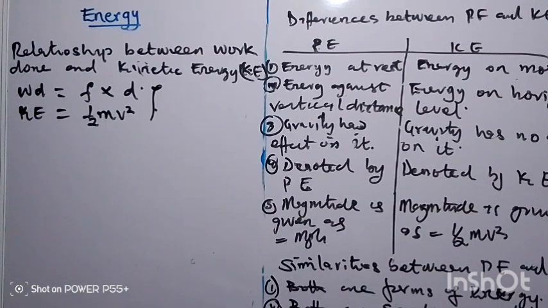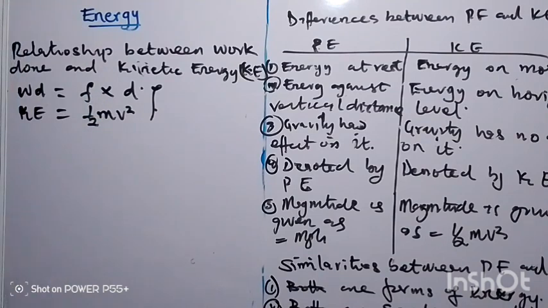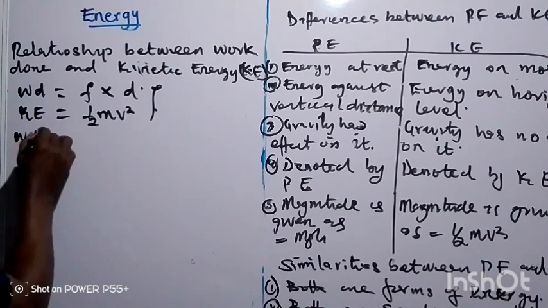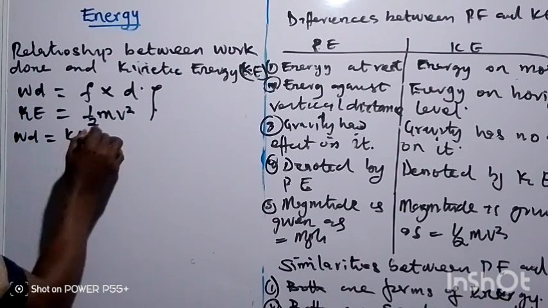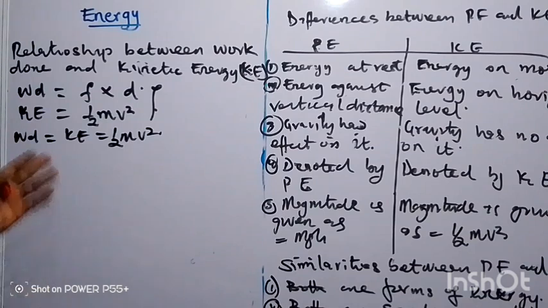That is, you can say work done is equal to force multiplied by displacement, which is equal to KE. That is what we want to prove now, that work done is equal to KE, which is equal to half mv squared. We want to show this relationship, how we can arrive at this one.